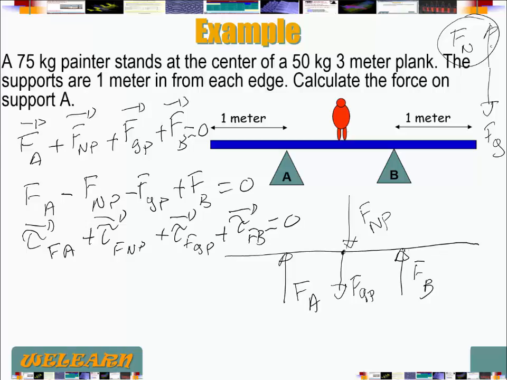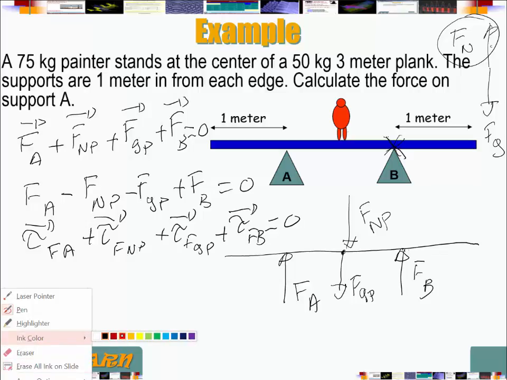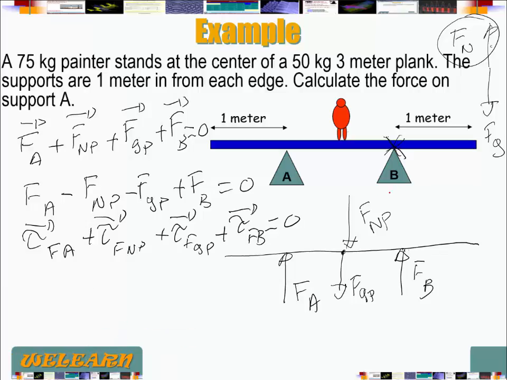So if it is not asking us about FB, it might be convenient to select the pivot at the point B here, where the support due to B is touching the plank. So if we do that, then the torque due to FB is equal to 0.